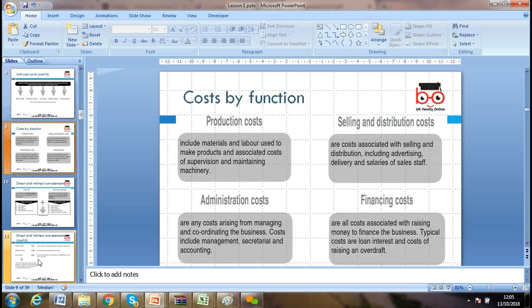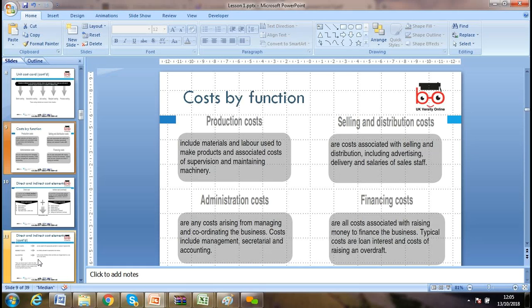Next, we're looking at the cost by function. Each organization has different departments and different costs. We call it cost by function. All of this is known as a functional area in the organization. Production cost includes material used to make the product and associated costs of supervision and maintaining machinery.